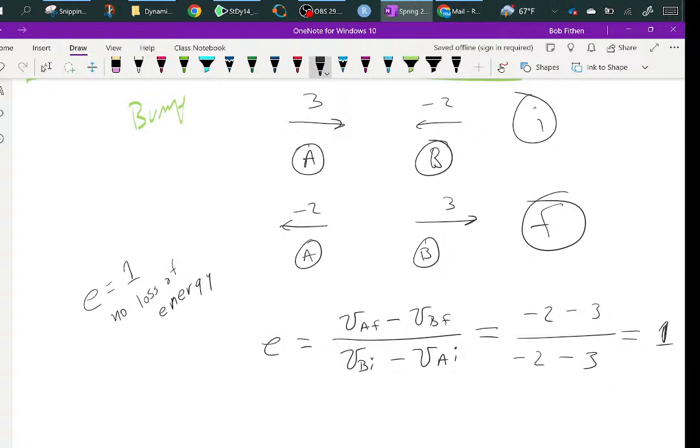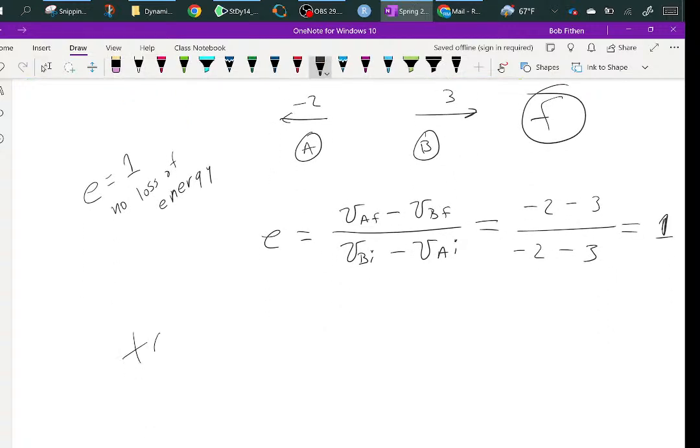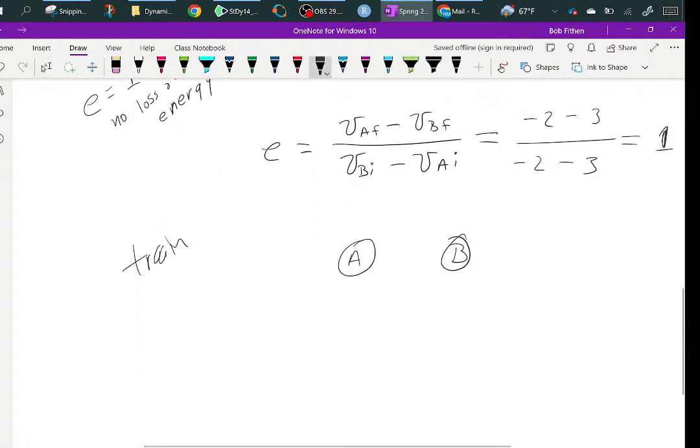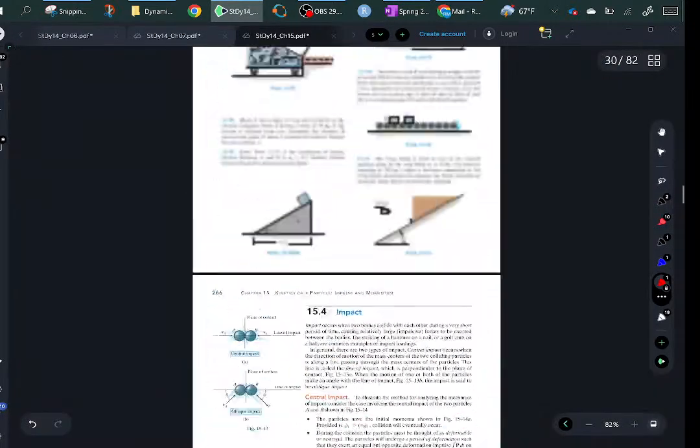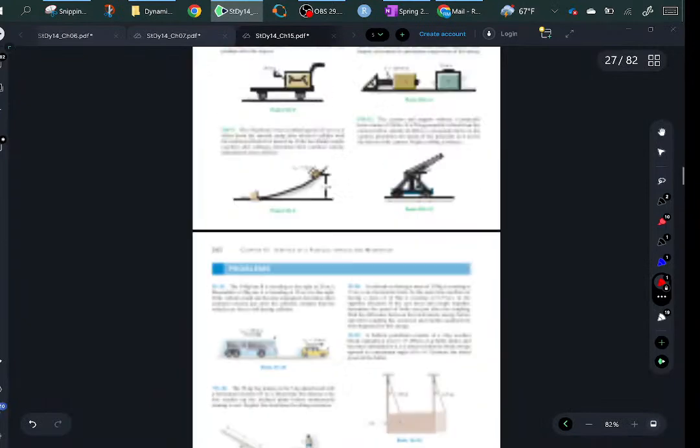Now, let's look at the train example. Okay, so I have 2 trains, A and B. It's A and B here. I think I had them like this. I think it was 1.5 and 0.7. I better go look though.